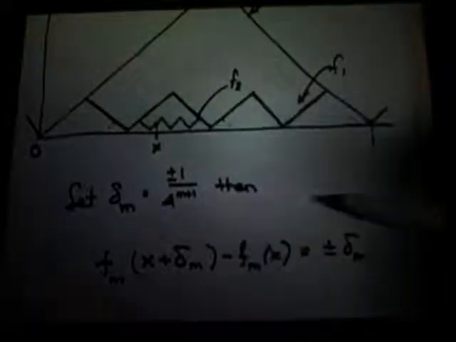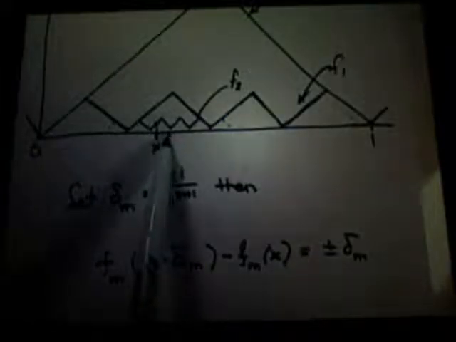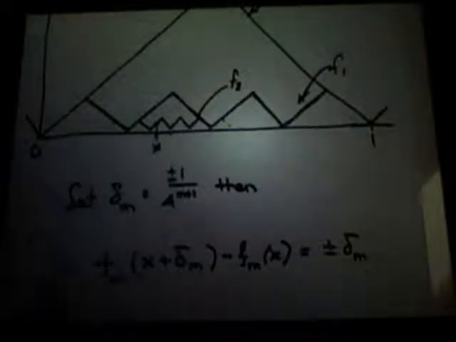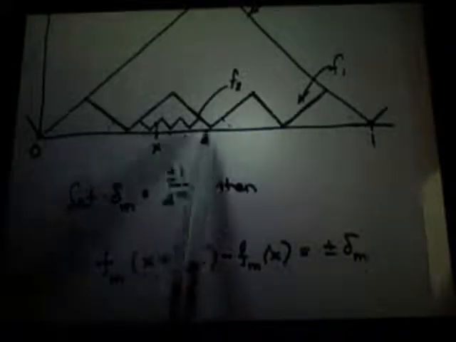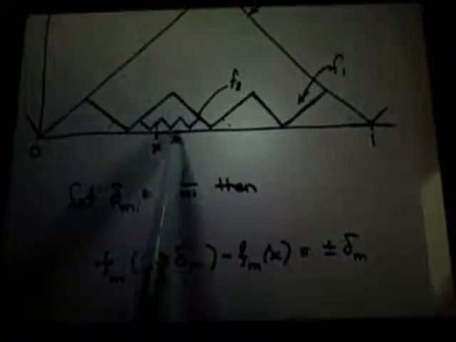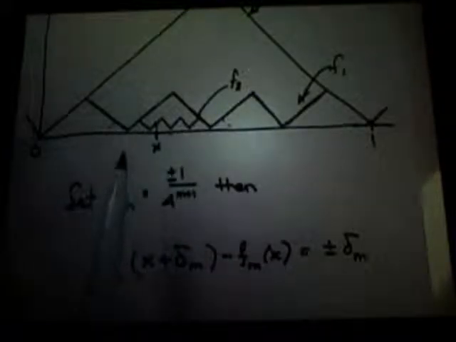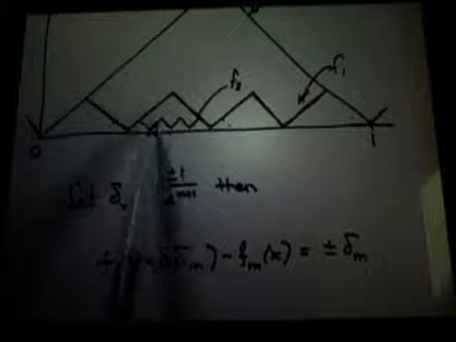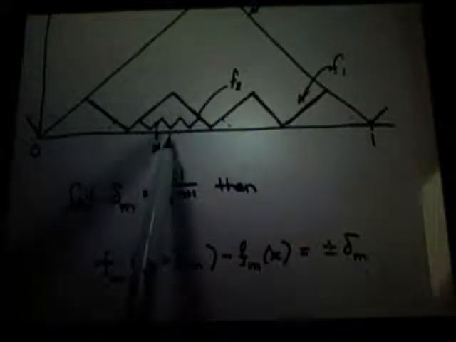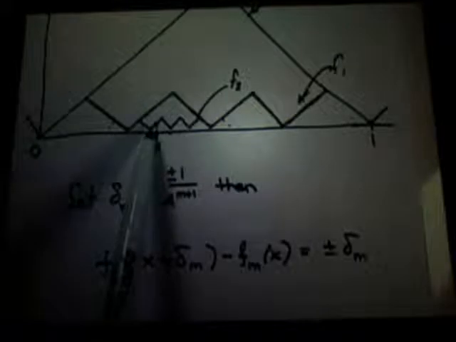I could be dead in the middle, but then a step of size 1 over 4 to the m plus 1 would take me exactly up to the peak or down to the valley. The next one, f_3, would split this into 4 pieces. I already have an up side of the tooth and a down side. Halfway up is 1/4, full way up is 2/4, halfway down is 3/4, all the way down is 4/4.